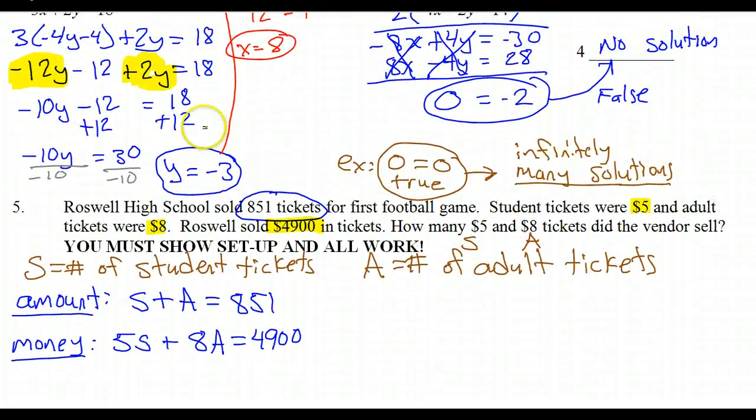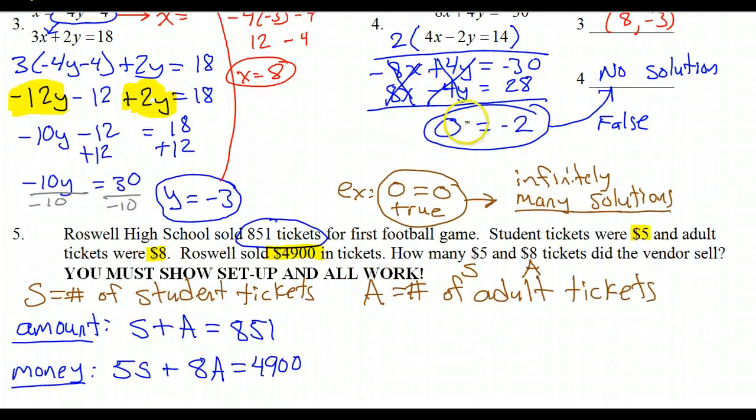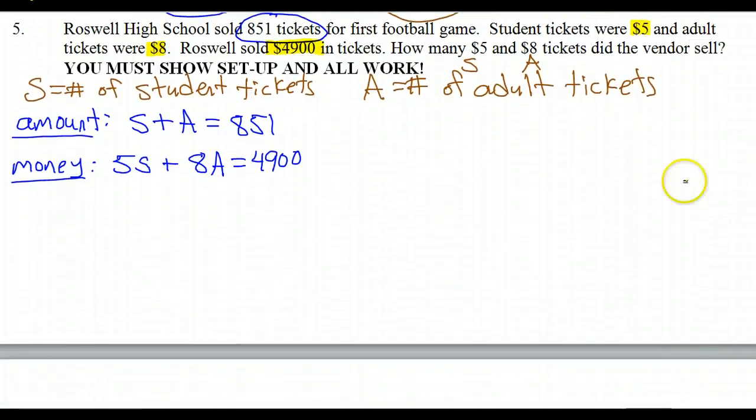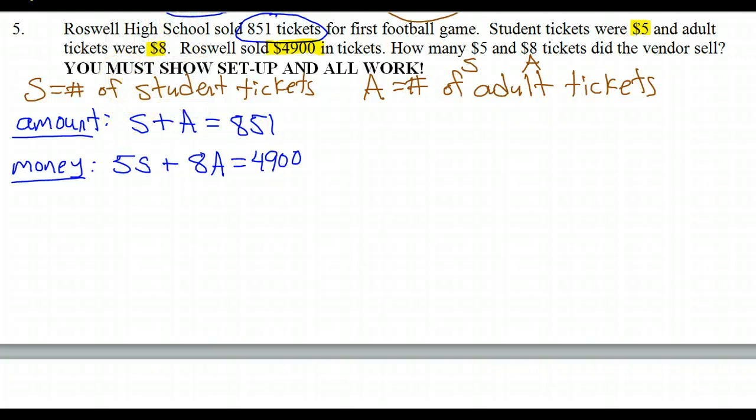I did substitution on problem number 3, and elimination sort of stopped midway on number 4, so I'm going to go ahead and do elimination this time. I can cancel out the s's. I could get that done by multiplying by -5.